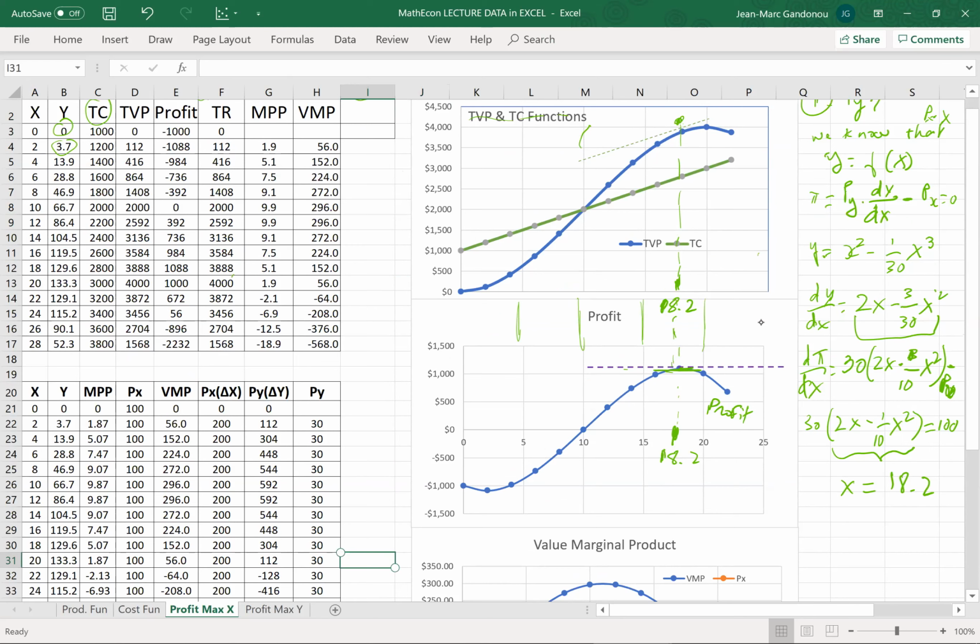Right, okay. So technically we'll see that 18.2 is between those two values here, right? And so between those two values here, that's where we're going to see the profit reach a maximum and then decrease, obviously. So the profit is first negative because you only have a fixed cost.